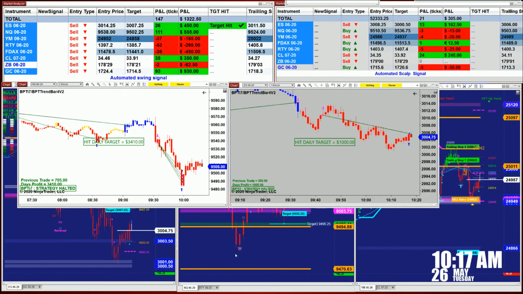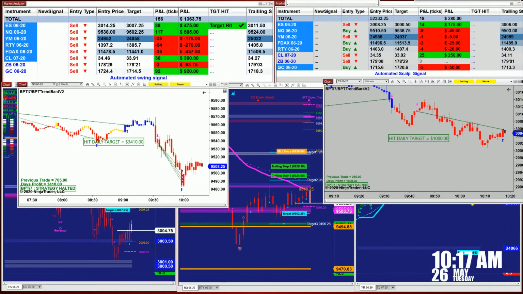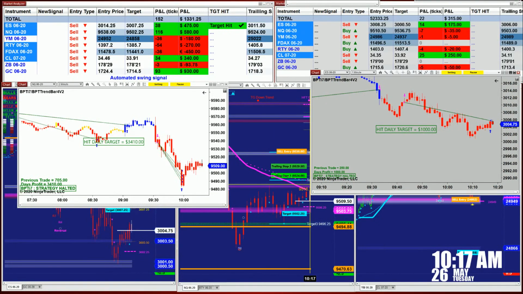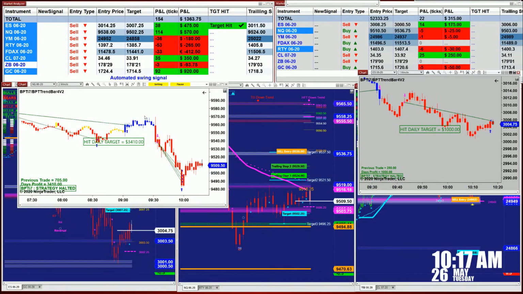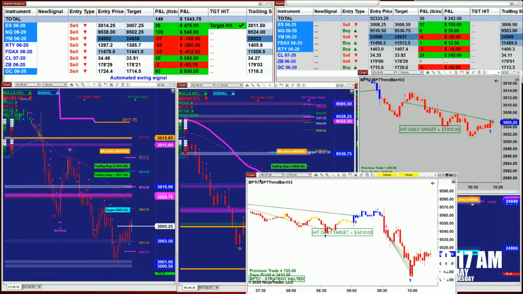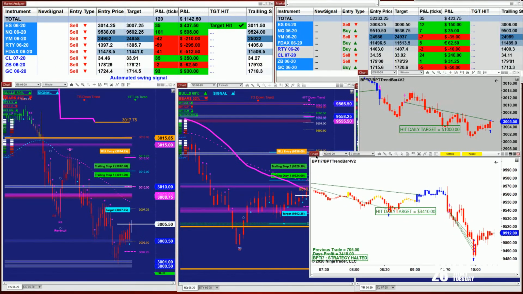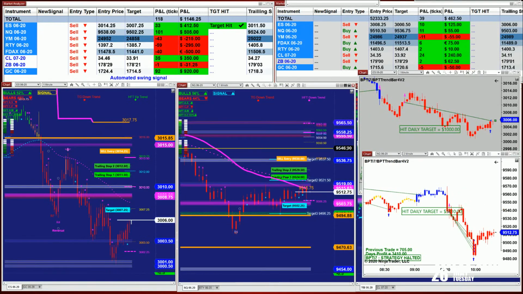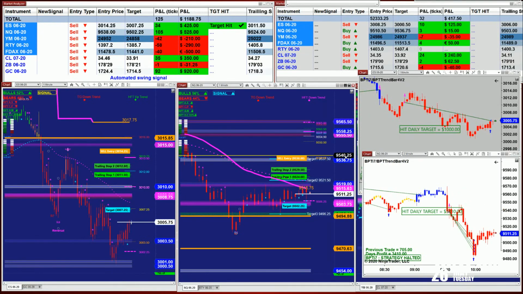Okay, we are done on that trade. So we finished the ES and the NASDAQ. Let's go back to the ES and NASDAQ. This is a look at the NASDAQ here.